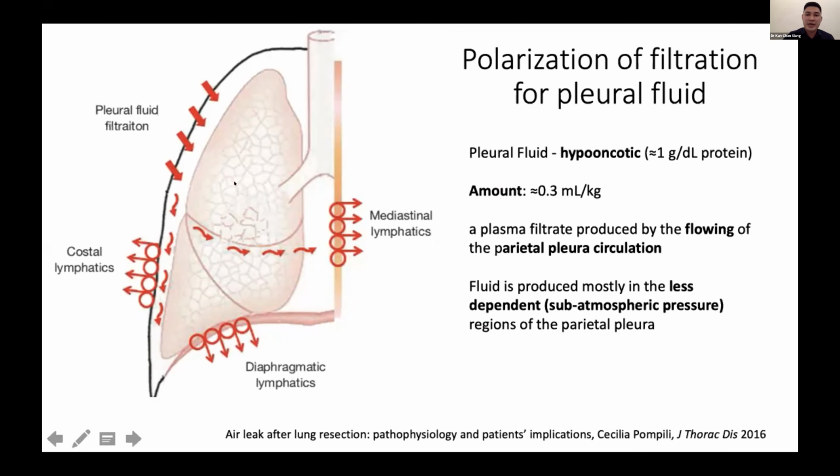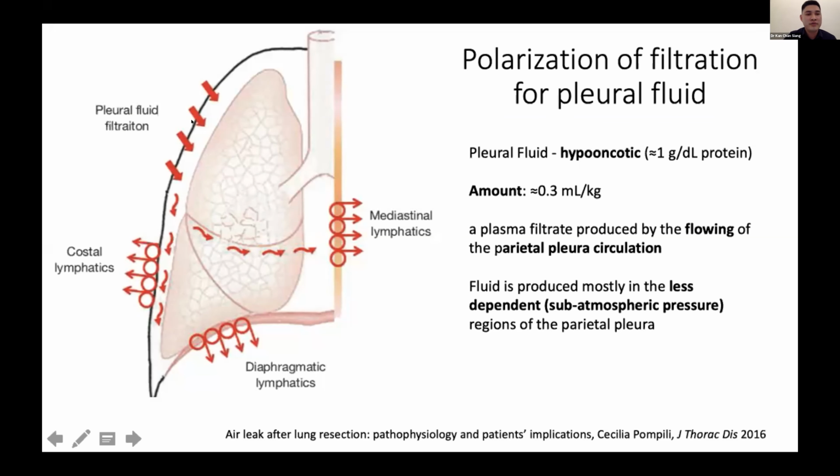As you can see from the diagram, the filtration usually occurs at the more subatmospheric pressure, which is the apical part of the thoracic cavity, the less dependent area. The filtration occurs by the production of the fluid through the flow of the parietal pleural circulation.